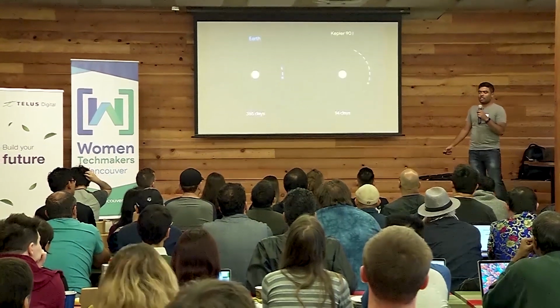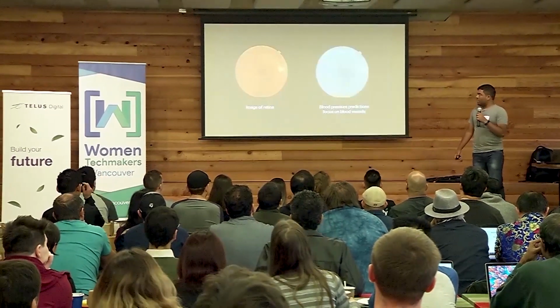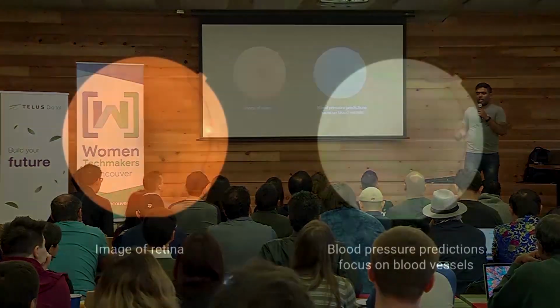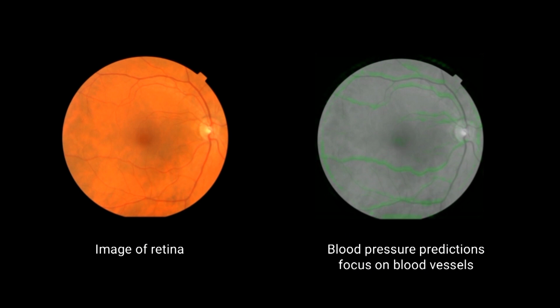Not just that, this is very noisy data, but data sometimes which we don't even consider to be of use. An image of a retina. Using an image from the retina, Google's AI and machine learning team, which is like Google AI now, have been able to identify various types of signals about your health just from an image of your retina. Think of that.